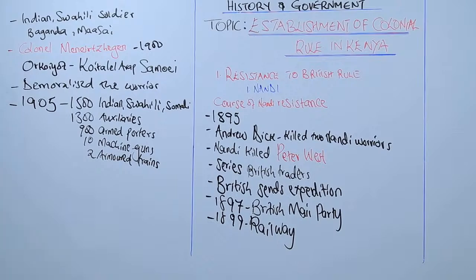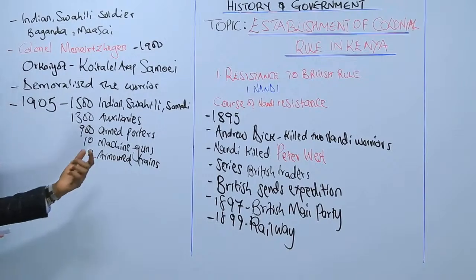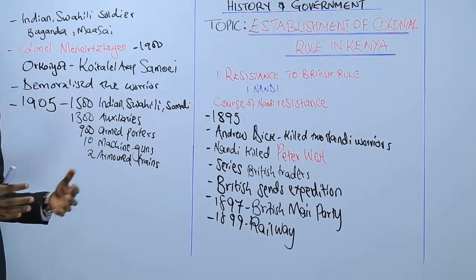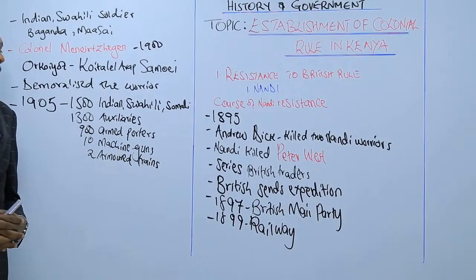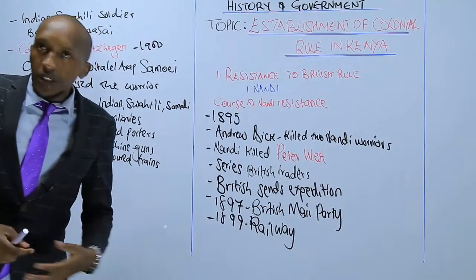The ones who are available at that time could not effectively take the opposition of the Orkoiyot. So the Nandi, though they tried to fight bravely, were defeated in this year, and their land was finally taken over by the British.